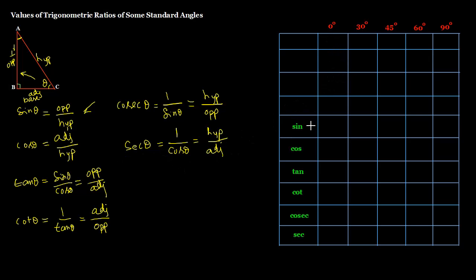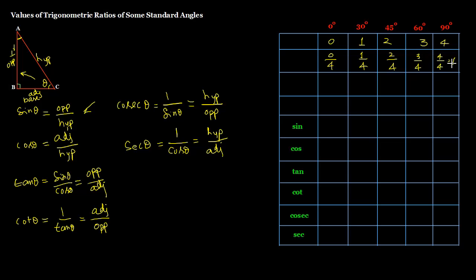To arrive at the values of these standard angles, mainly for sine, we'll start with numbers. Let's take 0, 1, 2, 3 and 4. Divide all these numbers by 4: 0 by 4, 1 by 4, 2 by 4, 3 by 4, 4 by 4.